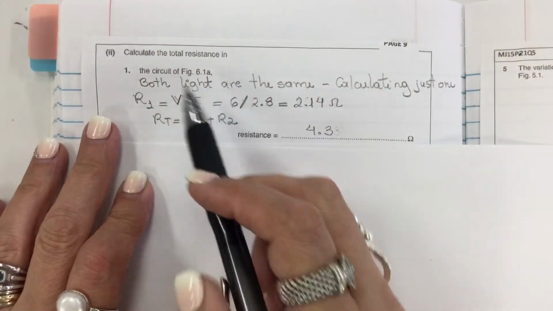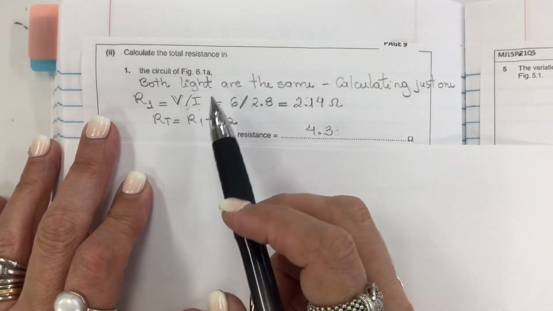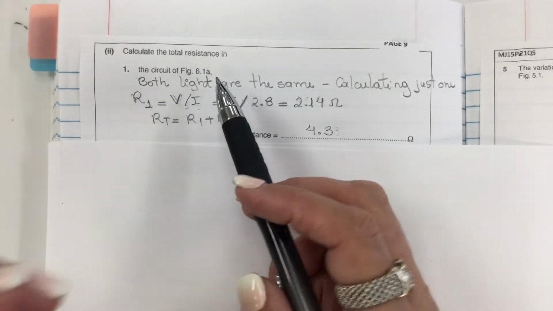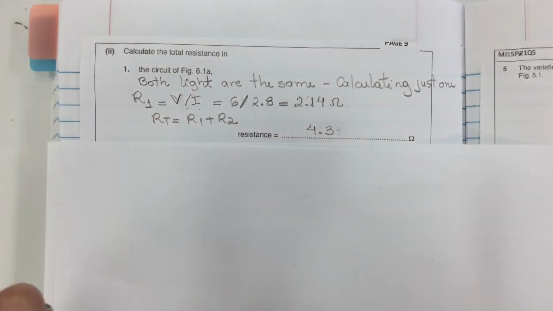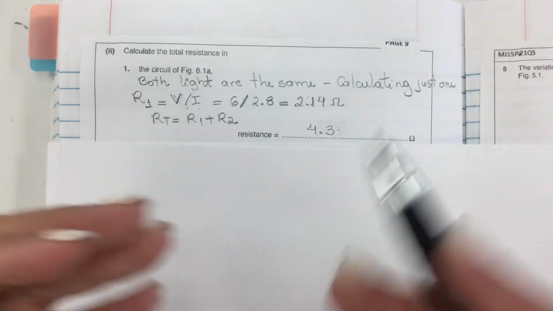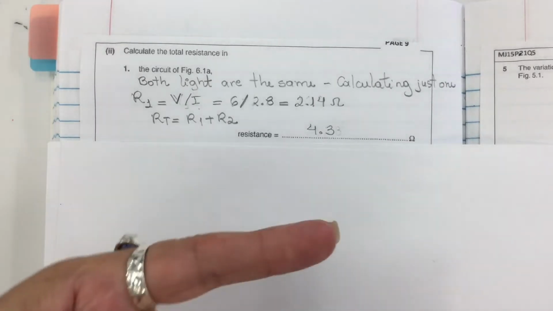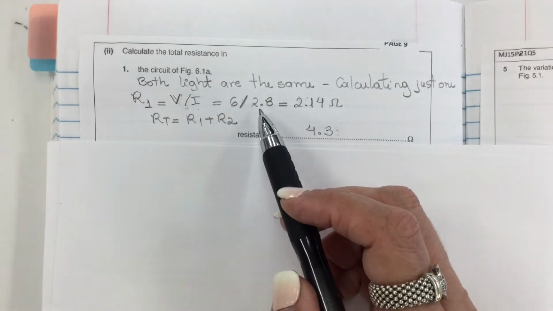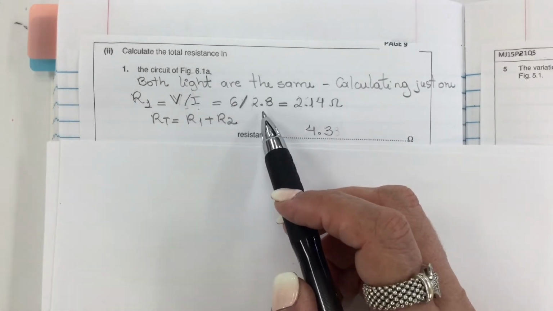Next question, calculate the total resistance when the circuit is in series. Here we have two identical light bulbs, and they are connected to 12 volts. So the voltage on each one is 6 volts. Let's calculate the resistance of just one lamp. That is 6 divided by the current flowing through the lamp, which is 2.8.